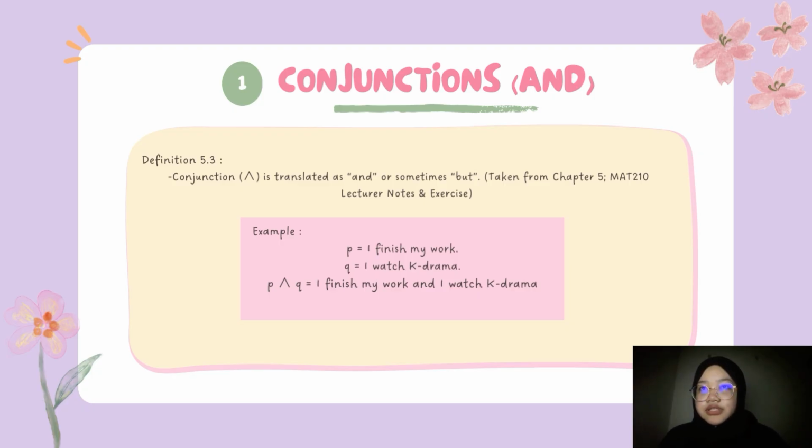The conjunction P and Q is read as I finish my work and I watch K-drama. This statement is true only if I finish my work and I also watch K-drama. If one or both of the statements are false, then the conjunction will be false.